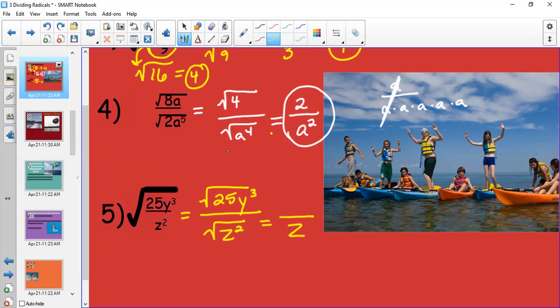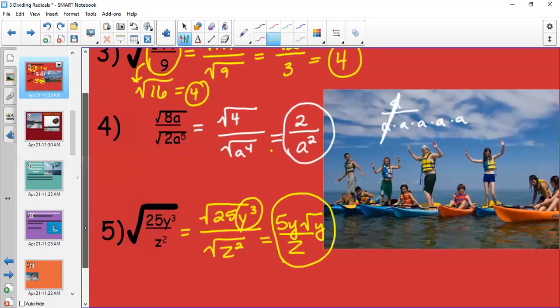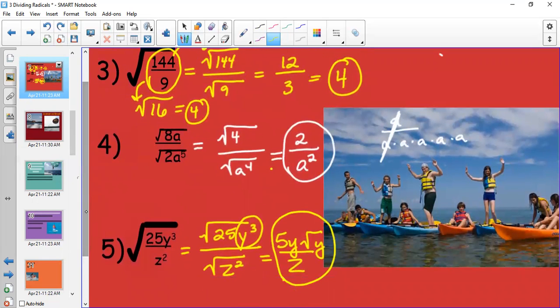On the top, square root of 25 is 5. How many pairs of y's do we have? We've got 1 pair with 1 left over. Remember, the rule is you can have a square root in the numerator, you just can't have one in the denominator. So all of these examples that we've done, 1 through 5, have all ended with a perfect square in the denominator once we simplify.